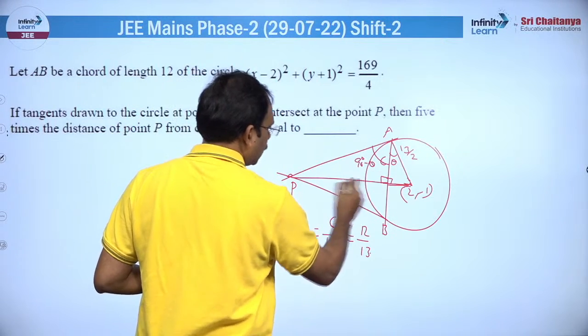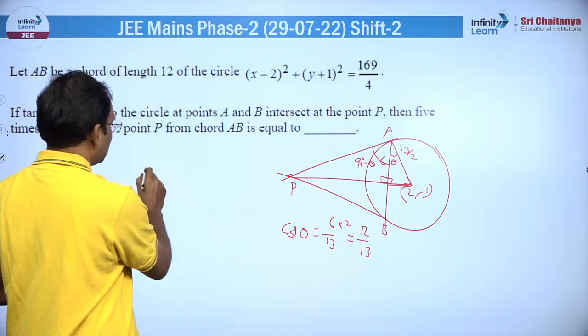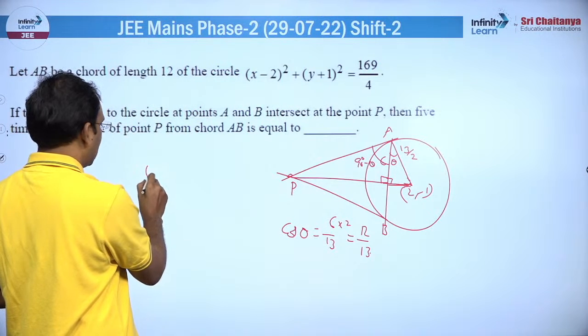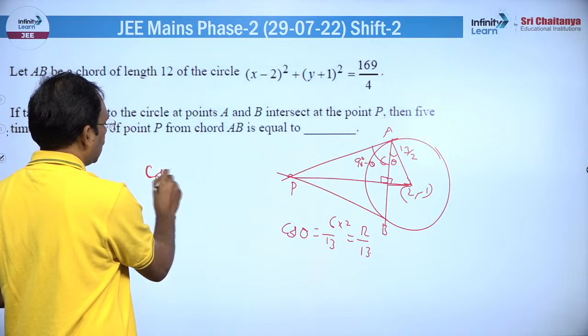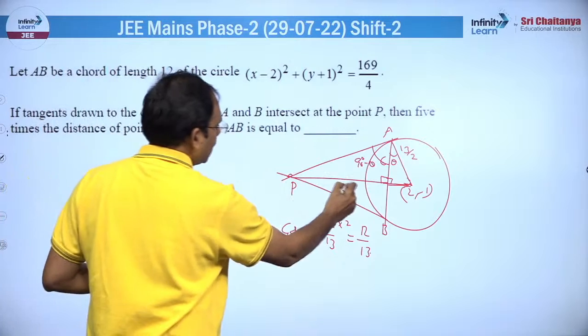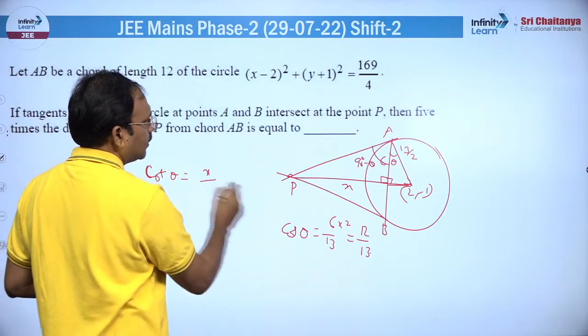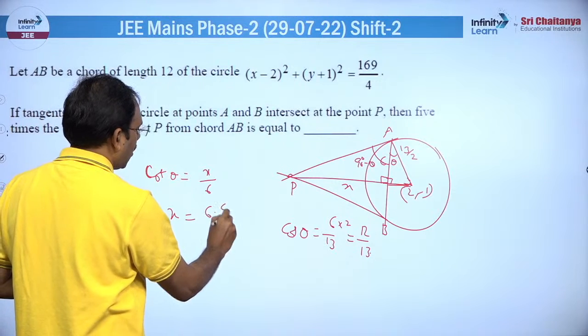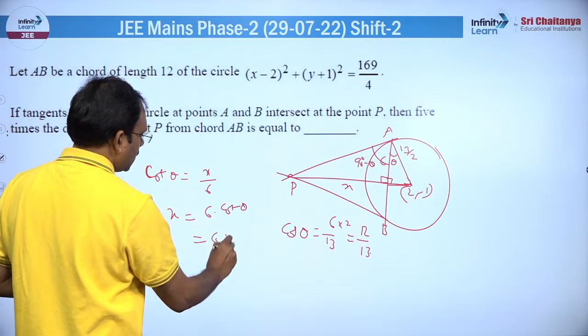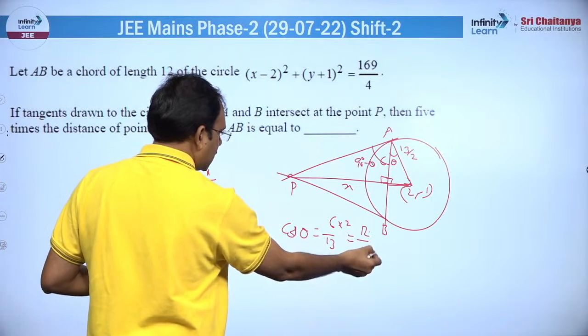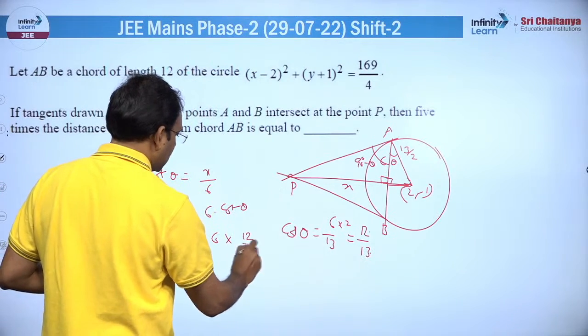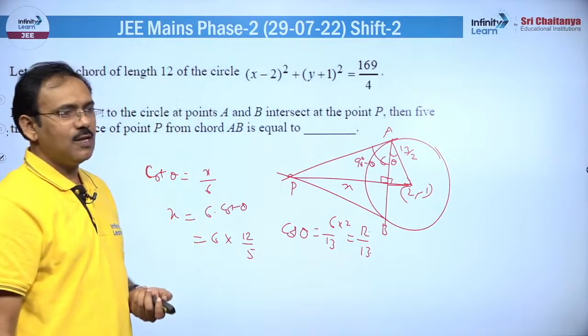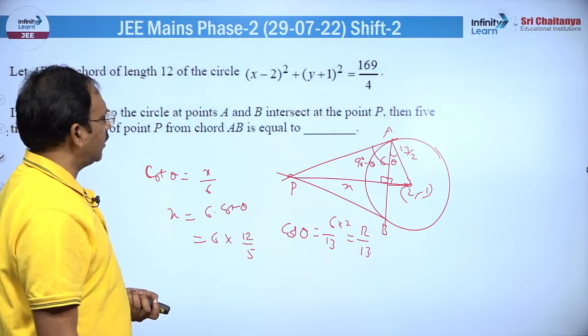You just take tan of 90 degrees minus theta, which is cot theta. That means tan means the required x by 6, so x is nothing but 6 cot theta. Cot theta means the adjacent side by the opposite side. You can find the x value, my dear friends.